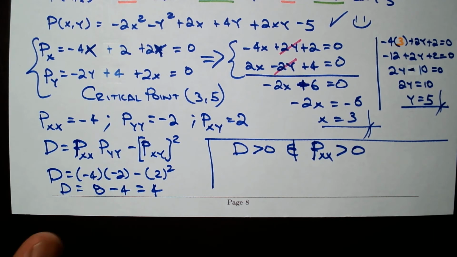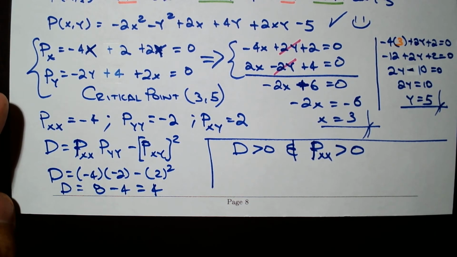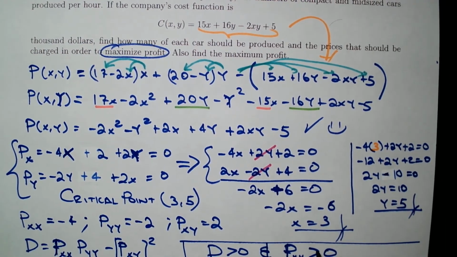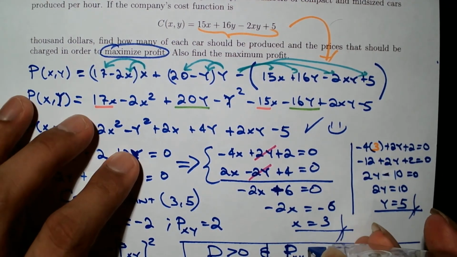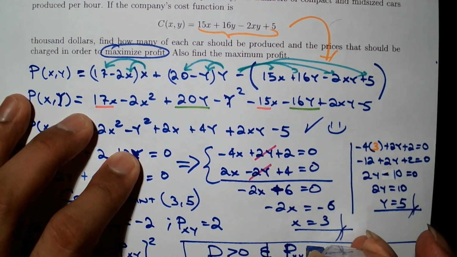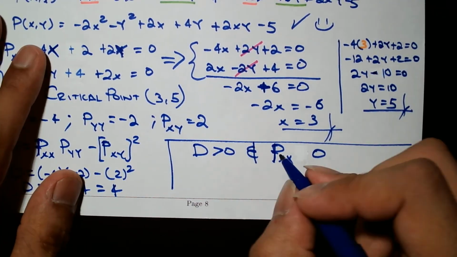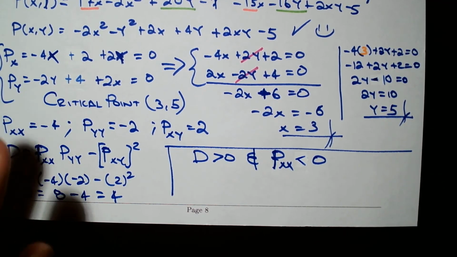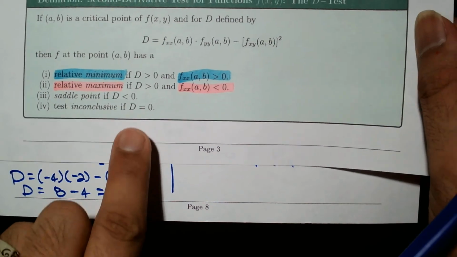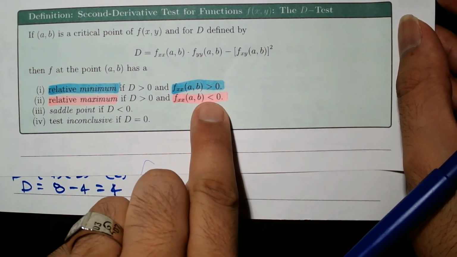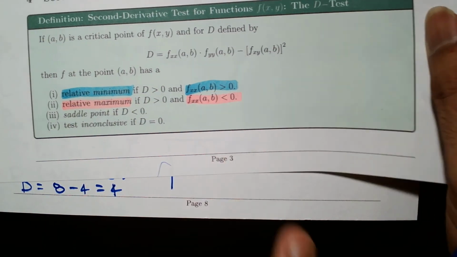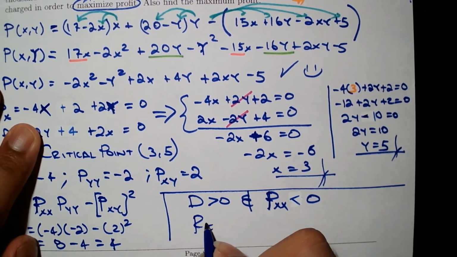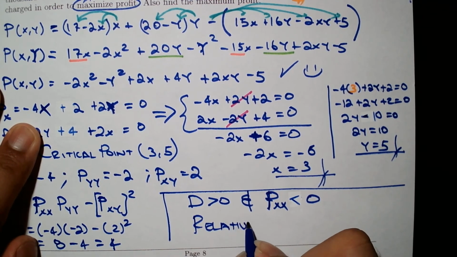What are we going to get? Wait a minute, no, this is negative. Hold on, this is negative, because otherwise I don't get the right conclusion. This is negative, and what do we conclude when we have D positive and the second partial negative? In this case, a relative maximum.